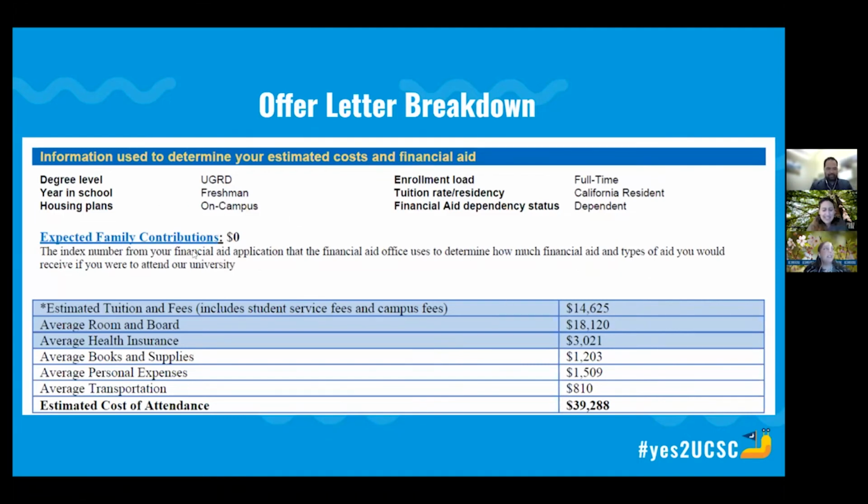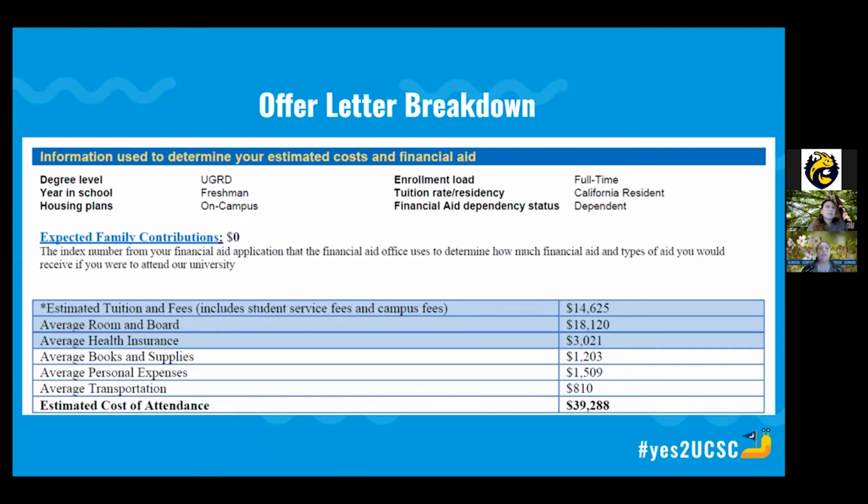So expected family contribution is the result of your FAFSA. Every year you will complete a FAFSA. That's your financial aid application. The federal financial aid application is going to configure all of the data that you input: your income, your assets, your parents' income, your parents' assets, how many people live in the household.